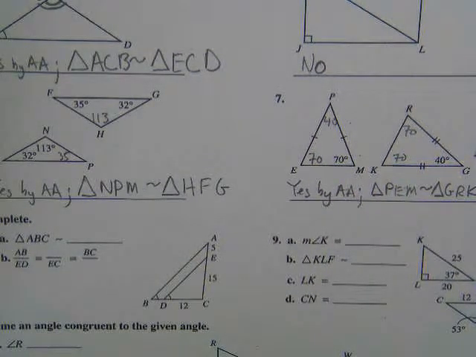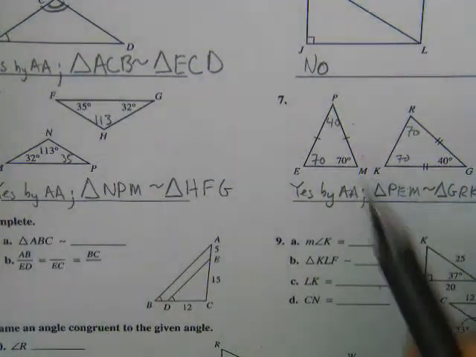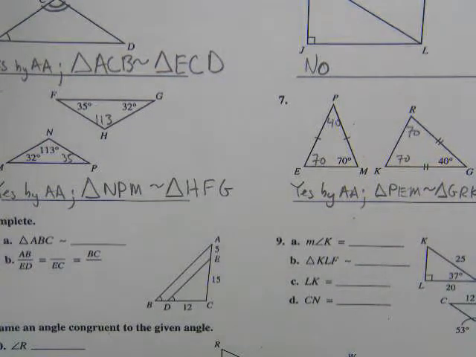Could have written it another way because those aren't distinguished. So as long as you had P matching up with G, the other ones could switch there.